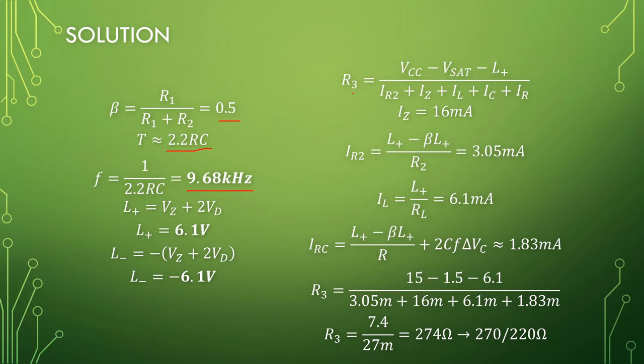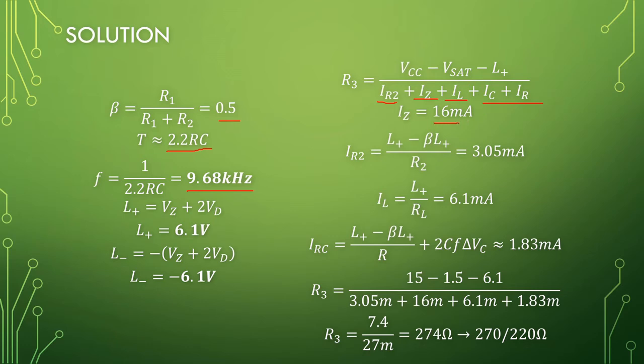Now, for resistor 3, we have VCC minus our saturation minus one of our limits over all the currents in the circuit. So the feedback, the zener, the load, and these two together, the steady state and the capacitor charging.